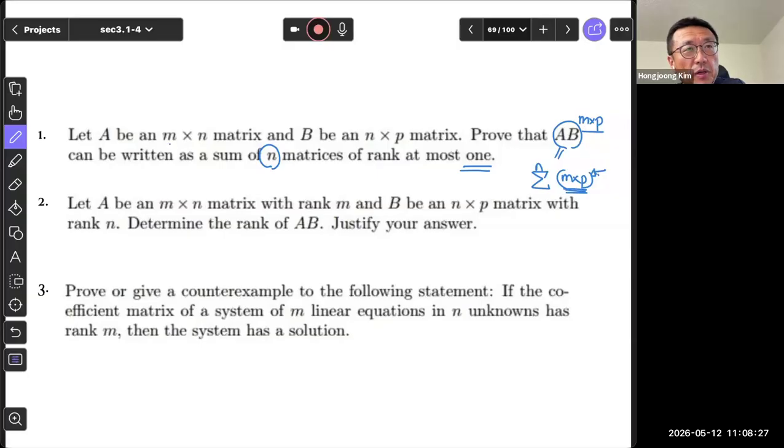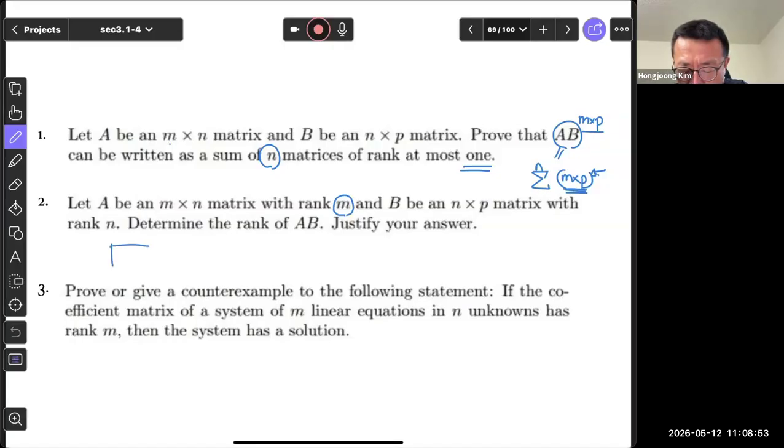And number two, if A is an m by n matrix with rank m, then is m less than n, or is m greater than n? What is the shape of this matrix?